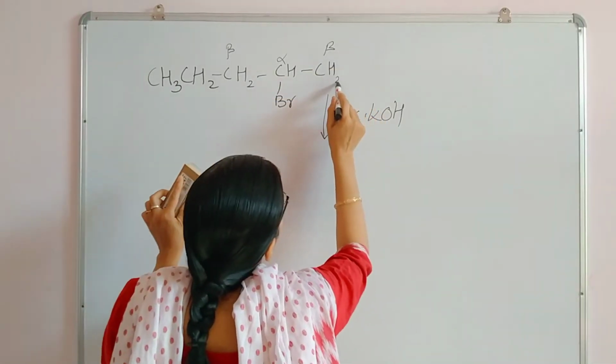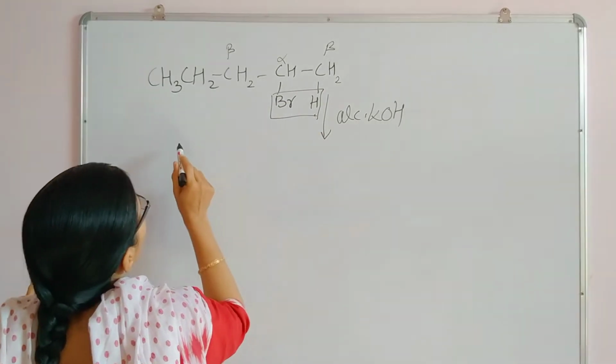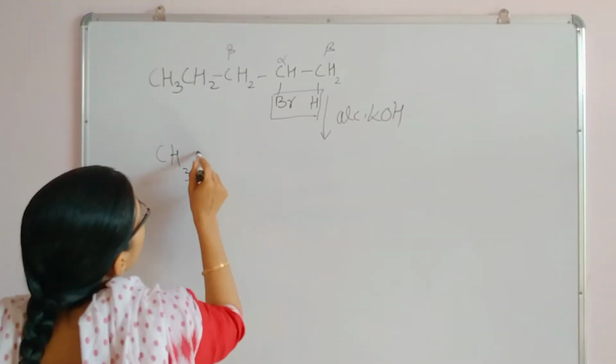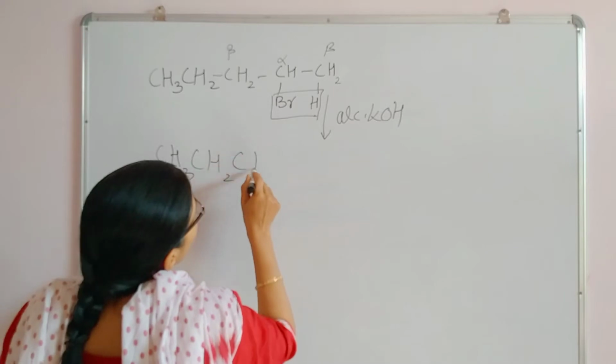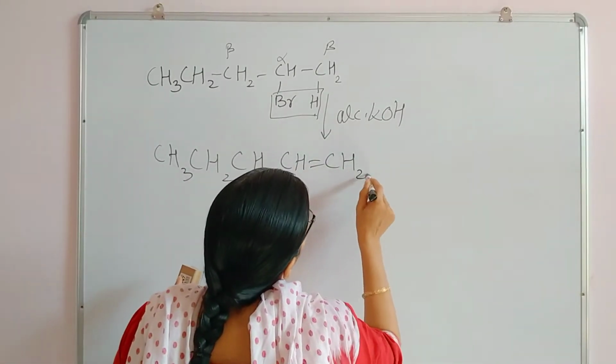So when this hydrogen is removed, the compound will be CH3, CH2, CH2, CH double bond CH2.